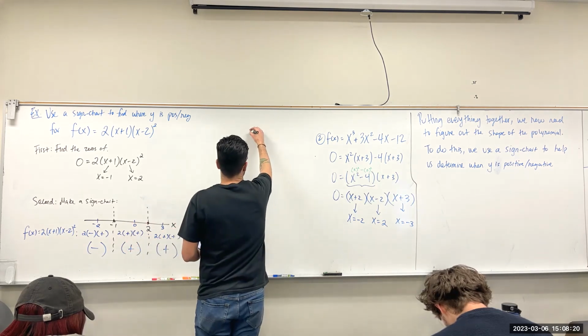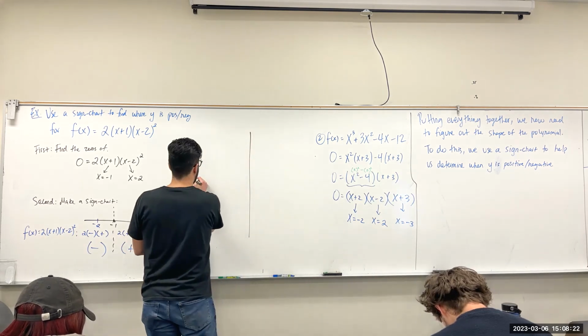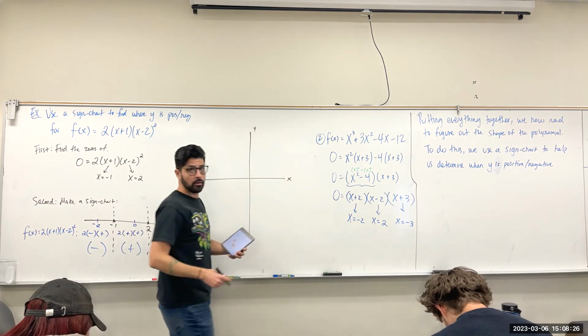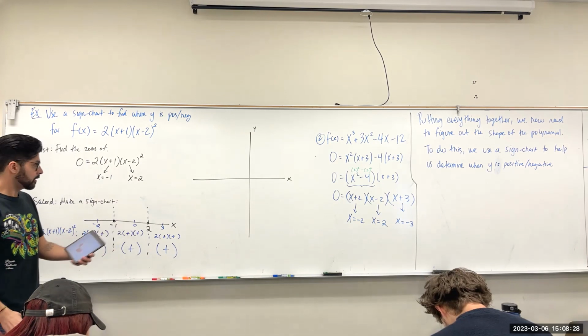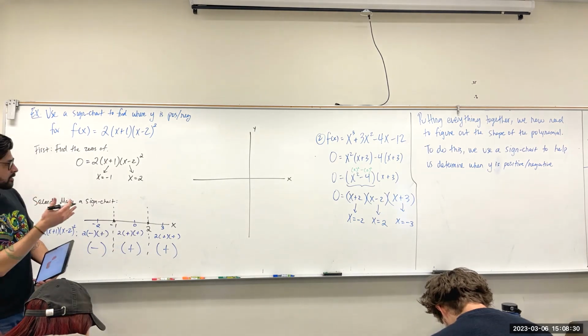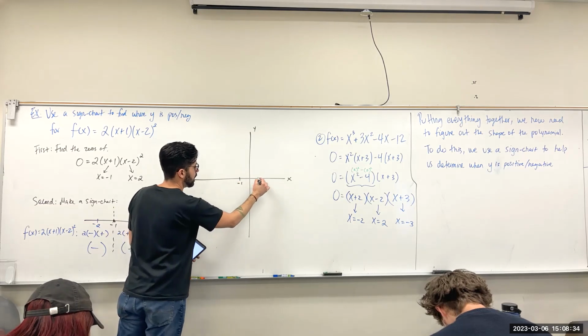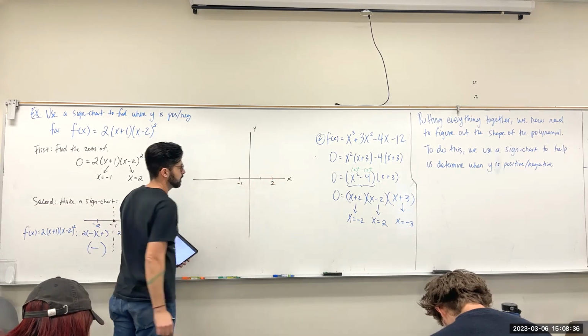Well, let's see. If I'm going to attempt to draw my polynomial graph, where is it crossing the x-axis? At -1 and at 2.